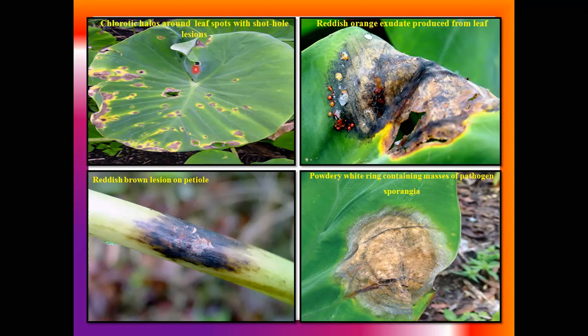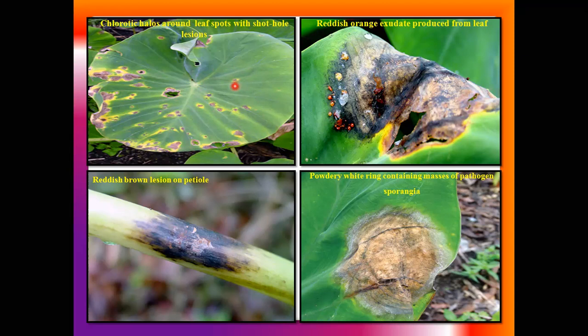Suppose these fungal pathogens infect the leaves of growing Colocasia plants. Initially, small dark round spots are seen on the leaf of the Colocasia. You see these small round spots, and such spots are seen on the leaf lamina of the Colocasia.